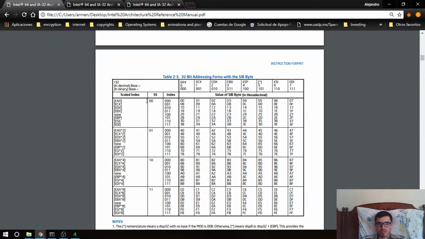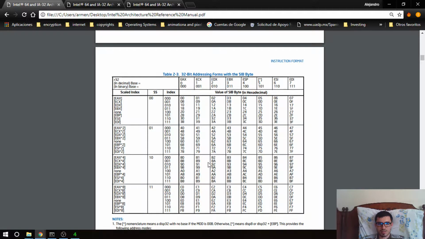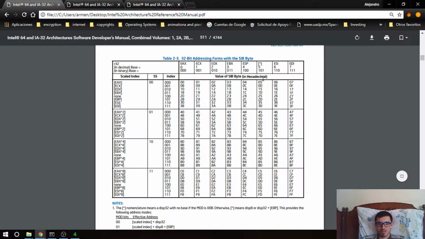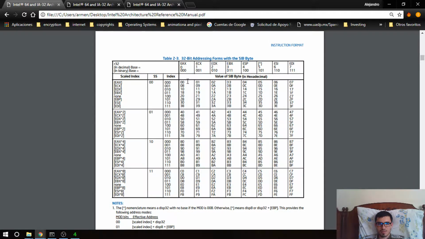So you have the most significant bits, and you move across the base. The base tells me which base I'm going to use, which is EAX, ECX, EDX, EBX, ESP, or this thing that I don't understand, then ESI, EDI, and then with the index 0.